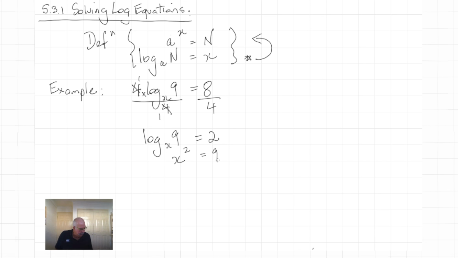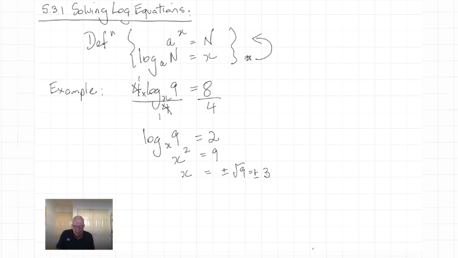Here we can ask, what possibilities do we have for x? If we find the square root of both sides, we get x equals plus or minus the square root of 9, which is plus or minus 3.